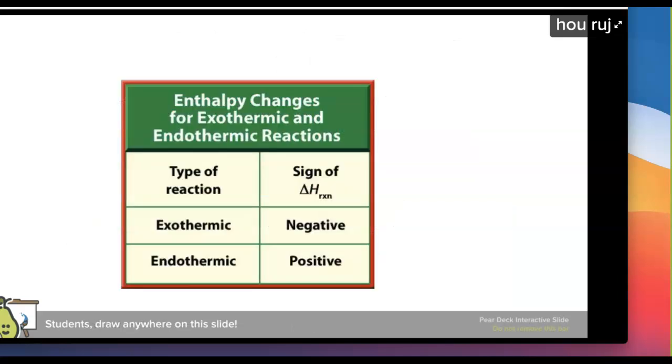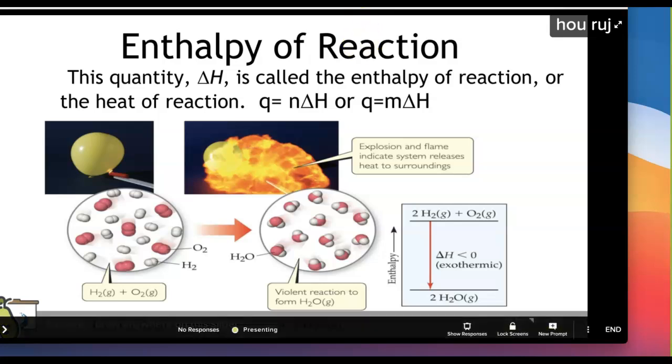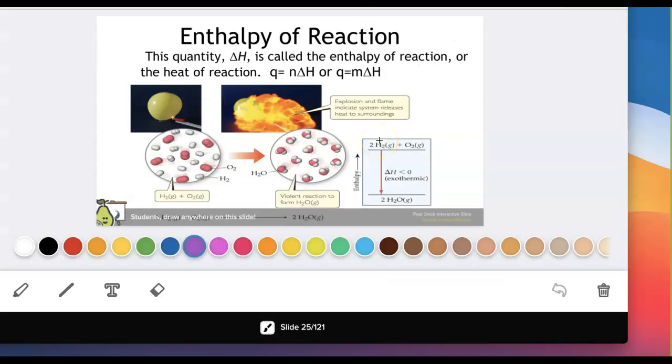So enthalpy is close to heat, but it requires considering the moles of the reaction. Let me see if I can draw this. So it's really like this: heat equals nH, or you could use mass instead.